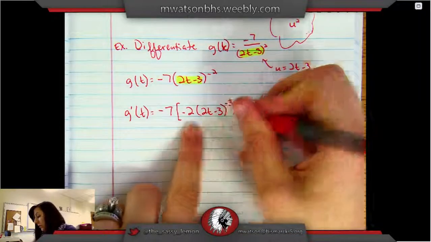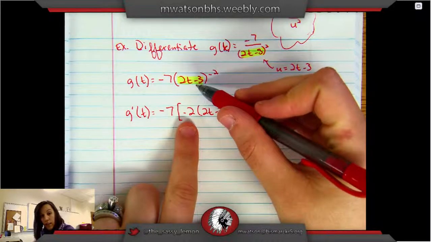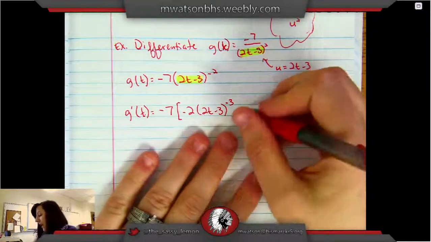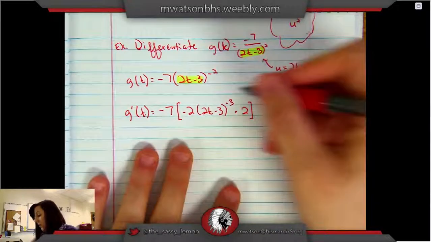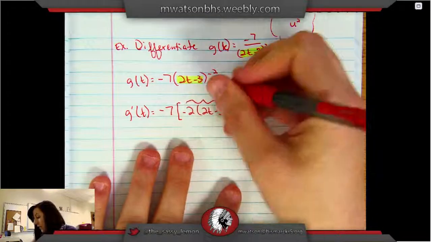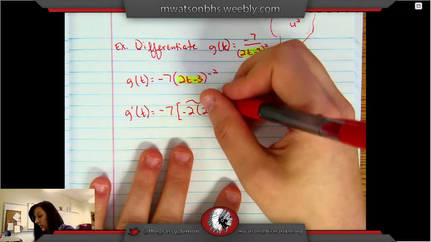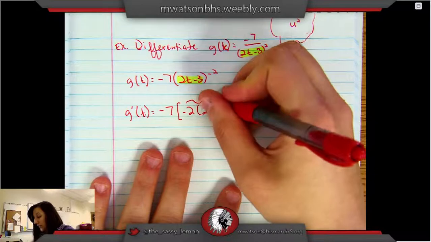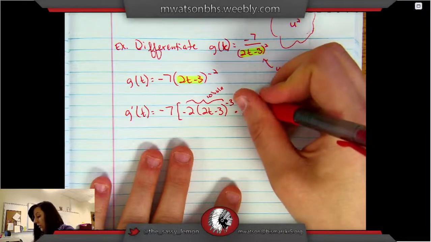Then we're going to multiply by the derivative of what's inside, the derivative of u. And the derivative of what's inside is simply 2. So this is the derivative of u of the whole thing. This is the derivative of the whole thing. And this is simply the derivative of u.